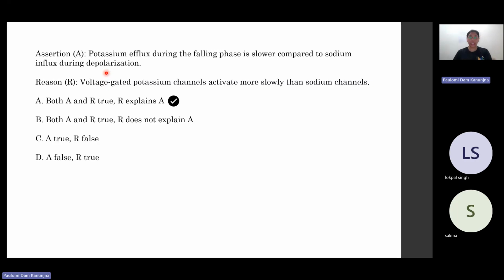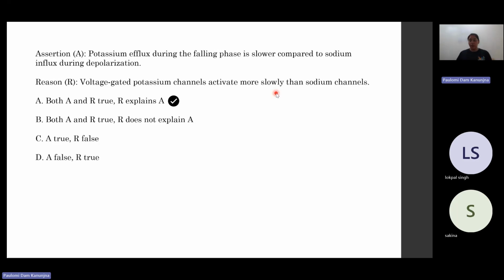But this also means that the voltage-gated potassium channel will activate more slowly, because voltage-gated means the ones that get activated to do the opposite so that they can return to resting potential. What happens after hyperpolarization? You come back to resting potential, right? That stopping of the movement of potassium outside will be done by the voltage-gated channel.